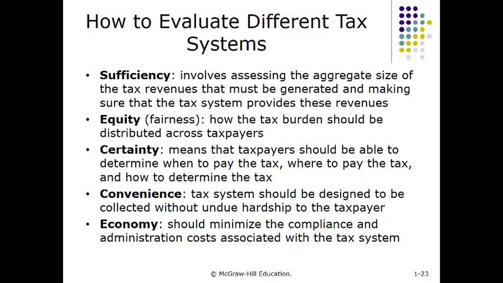One of the ways is horizontally. Fairness and equity are the same here. Horizontal equity simply means that two taxpayers in similar situations should pay the same amount of taxes.